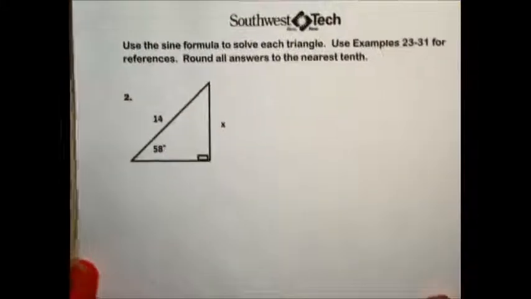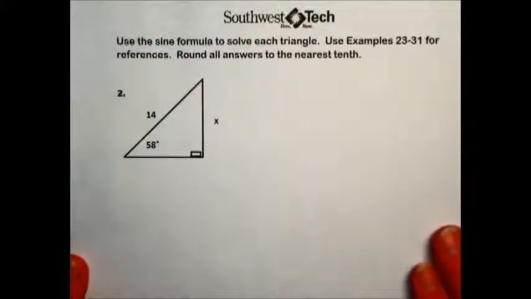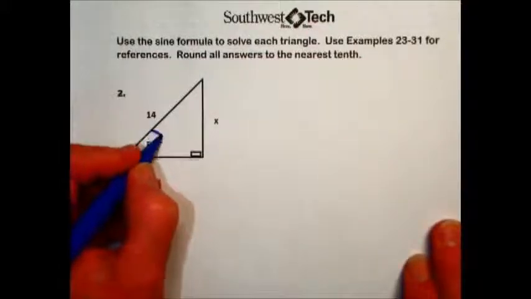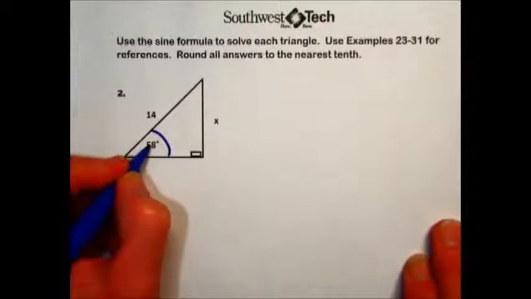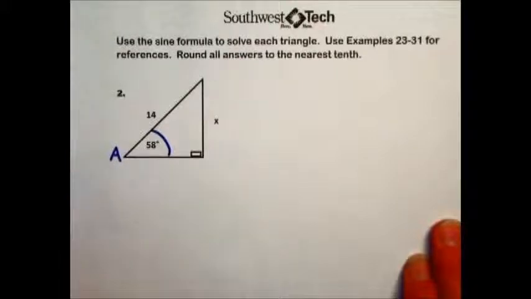Problem number 2 on practice set 9 gives us the following triangle, and to solve this using the sine formula, we'll use the acute angle that has the measurement given as our reference angle.